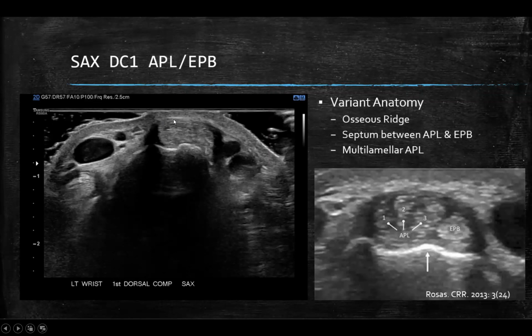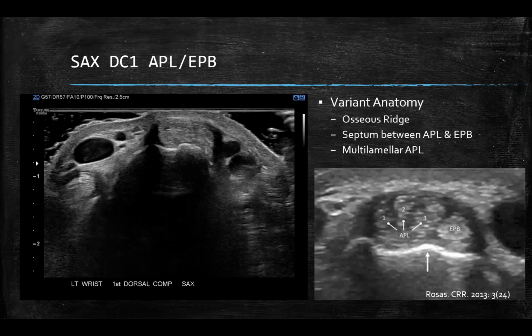The first compartment is the abductor pollicis longus and extensor pollicis brevis. This sits below the extensor retinaculum and right above the radial styloid. We can look closely for an osseous ridge here at the radial styloid, and when you see this, it is predictive of a septum that can divide the tendons here, and sometimes they will have separate tendon sheaths.